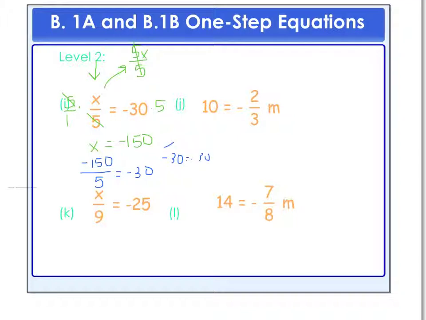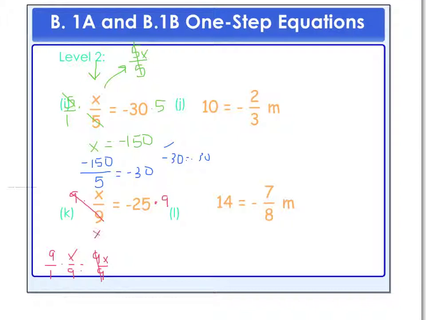Perfect. I'm going to move down to letter K because K is very similar to I. And we're going to see that the 9 is attached to our x by division. In order to undo that division, we're going to multiply on both sides. Remember, I'm going to cancel these out, and the reason I'm canceling it out is because it's like I'm doing 9 over 1 times x over 9, which would end up giving me 9x over 9, and the 9's would end up reducing at that point.